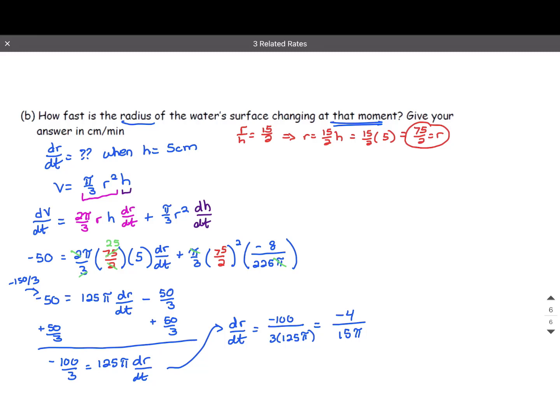Because 25 goes into this negative 4 times, and 25 goes into this 5 times, and 3 times 5 is your 15. And our unit on this is meters per minute.